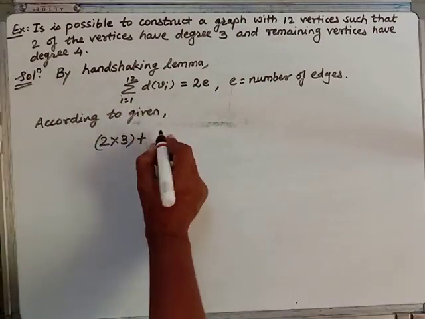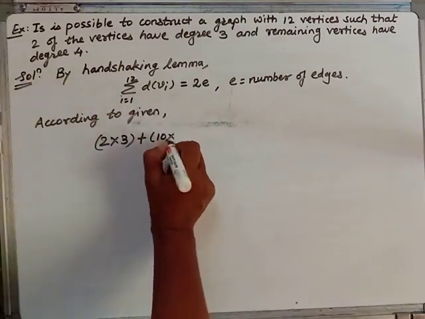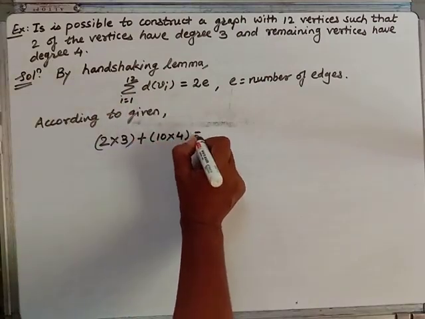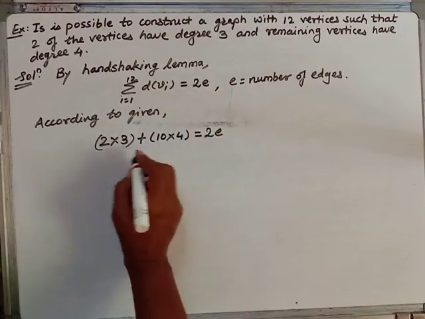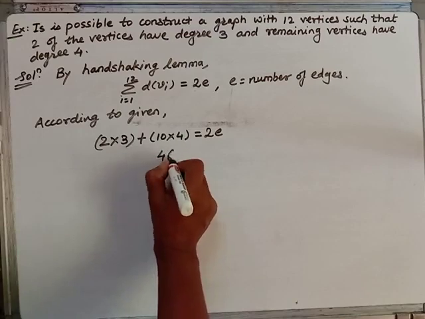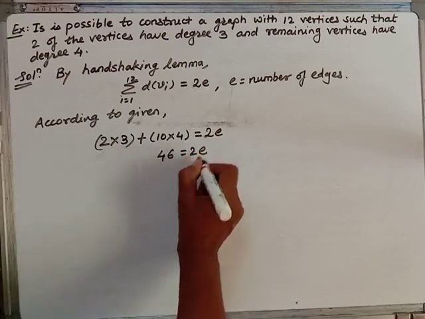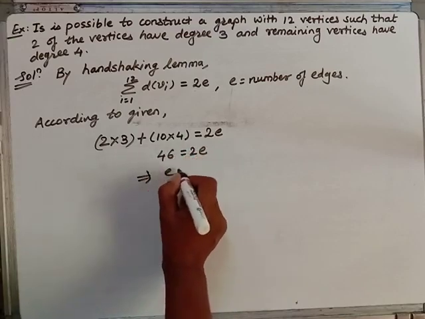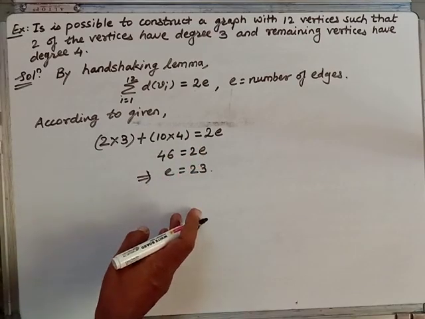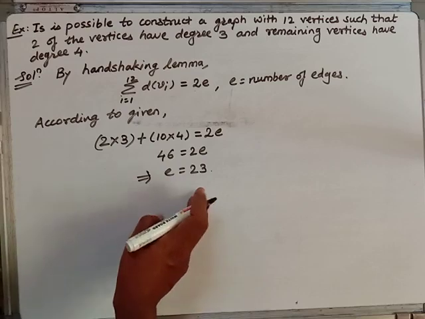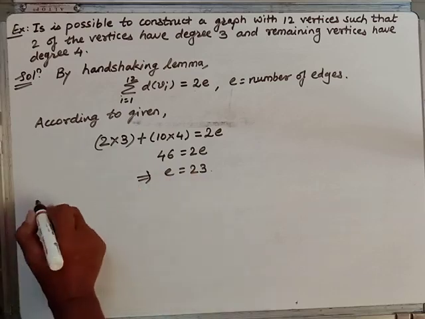Remaining vertices have degree 4, so 10 into 4. That must equal 2 into E. So this is 46 equal to 2 into E. That gives E equal to 23. So it is easily possible to construct a graph with 23 edges and 12 vertices.